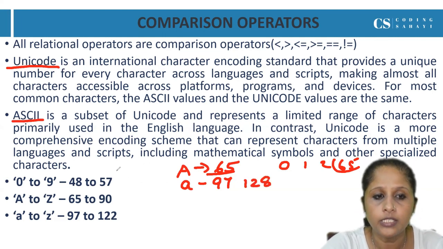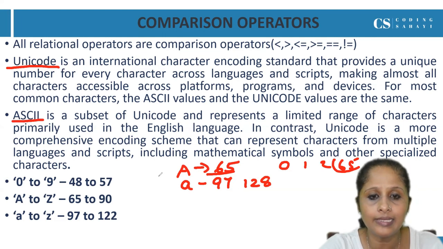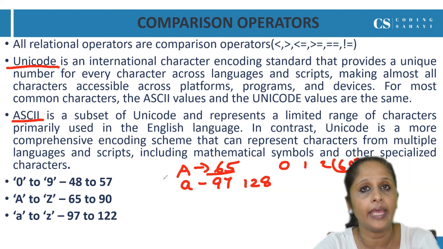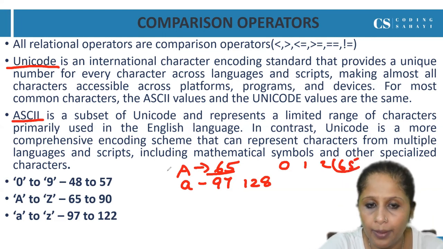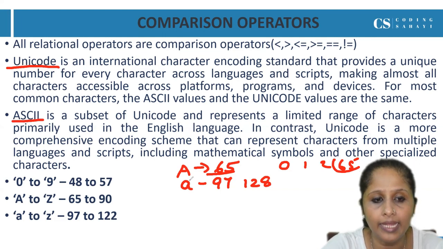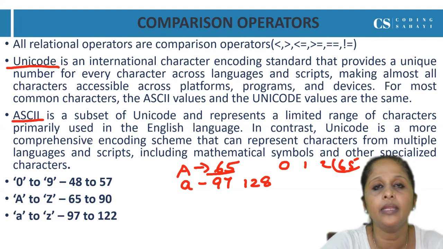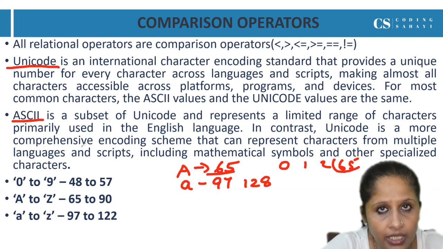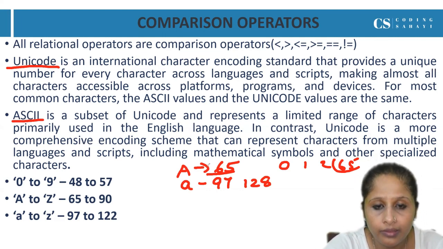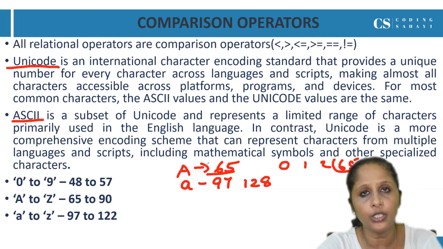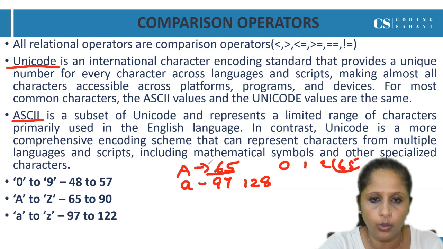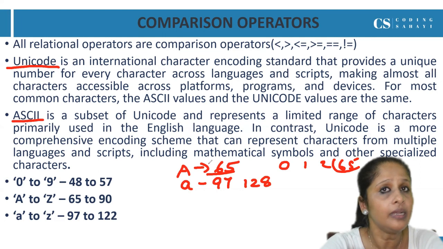Okay, so for each character there is a code. For capital A it is 65, small a 97. See, here you can see the range. ASCII means American Standard Code for Information Interchange. So this code will be converted to its equivalent binary code. So that's happening in our conversion.